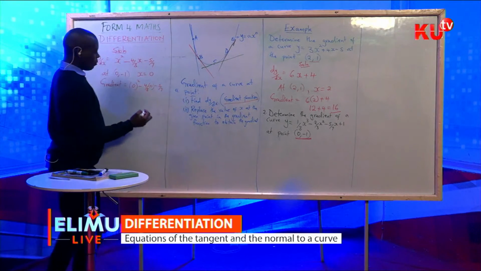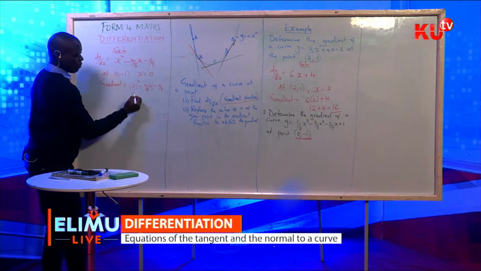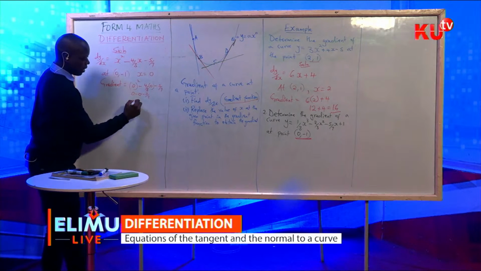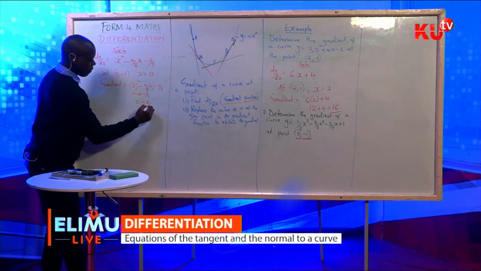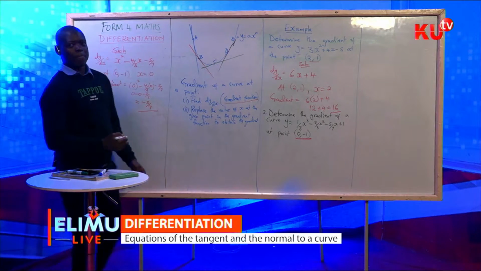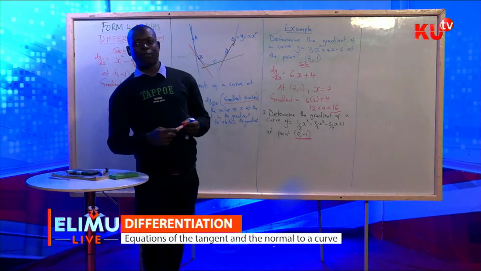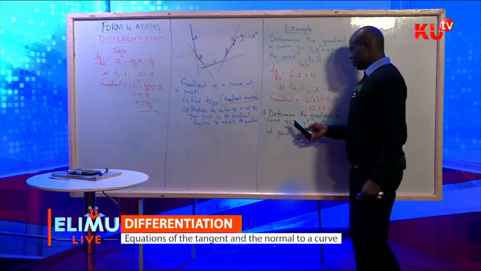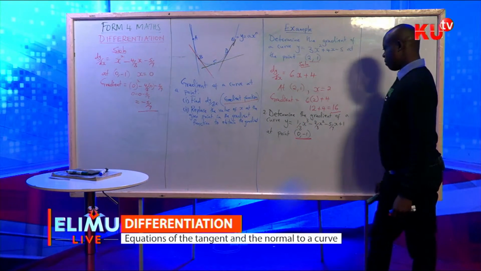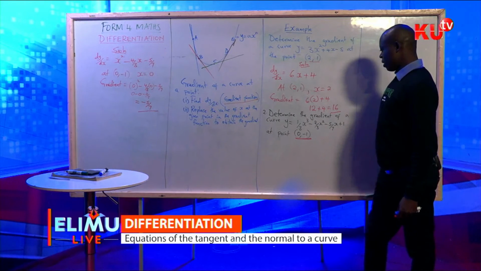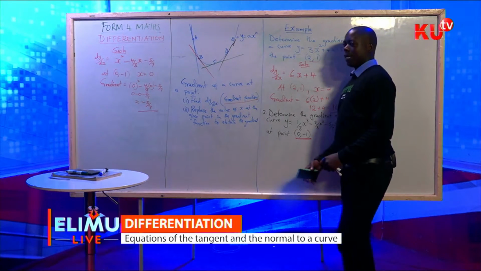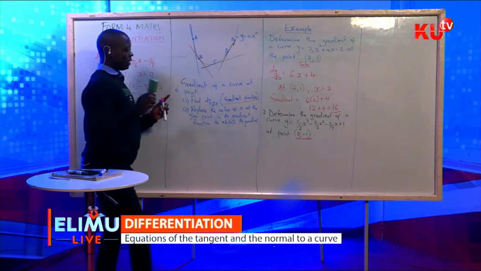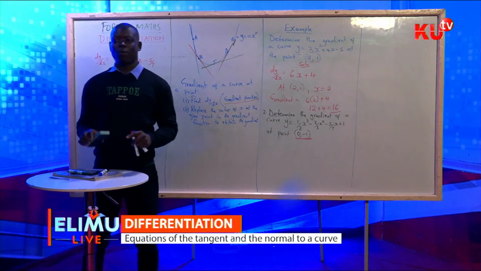Those who have calculators, what do you have? This is 0 less 5 over 7, implying our gradient is negative 5 over 7, for the curve y is equals to a third x cubed minus 2 over 3x squared minus 5 over 7x plus 1.